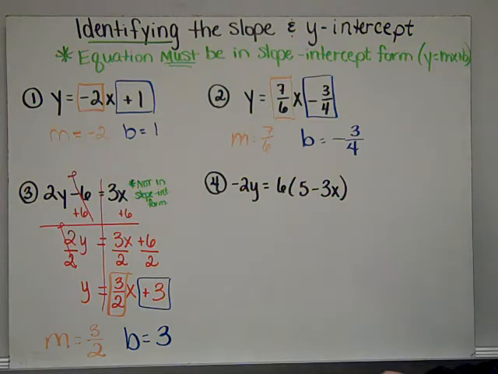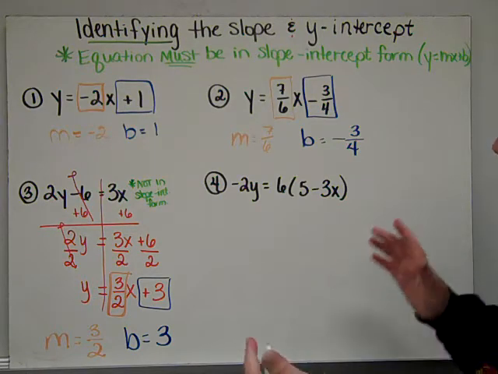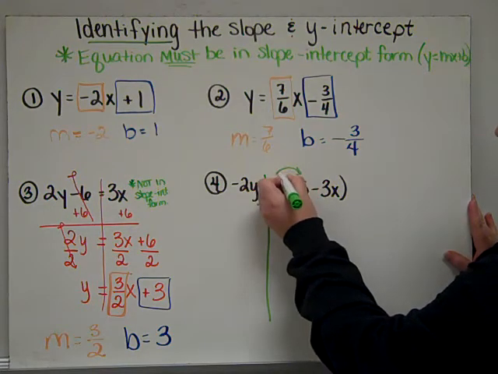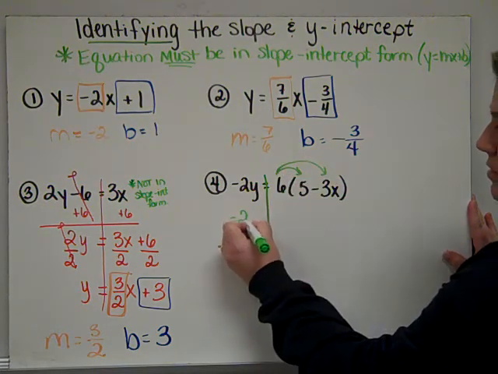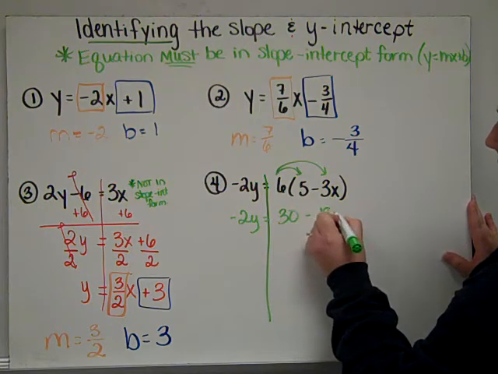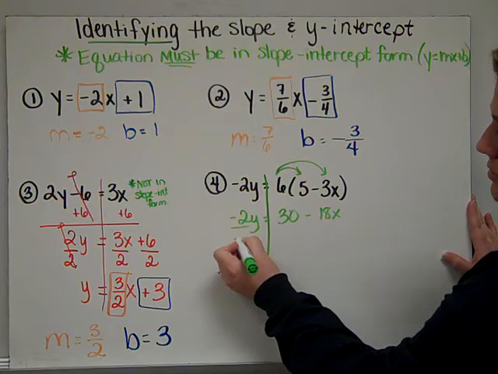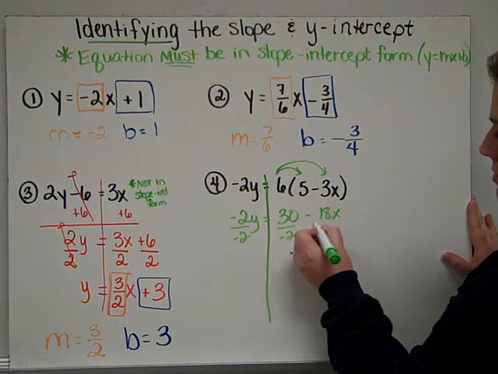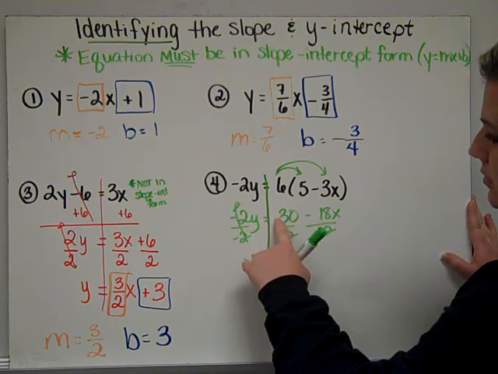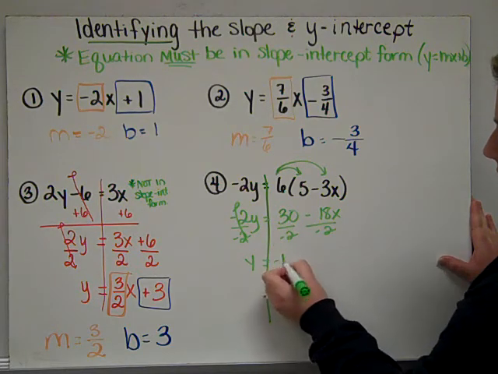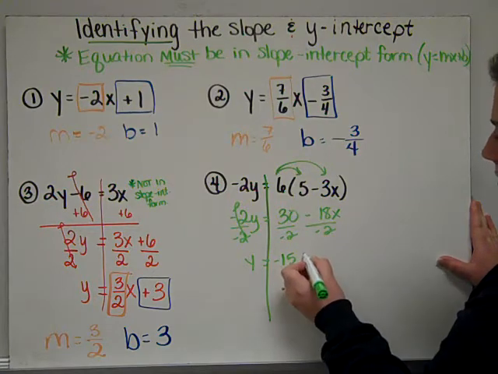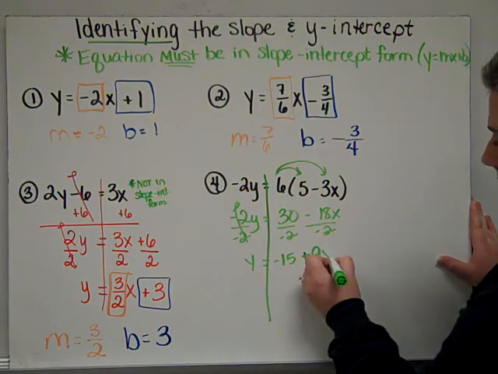So again, same thing with number 4. Let's go ahead and solve for y. Here I have the distributive property. So I get 30 minus 18 of x. So here I need to divide by 2. And I get y equals, well, 30 divided by negative 2 is negative 15. And negative 18 divided by negative 2 is positive 9x.